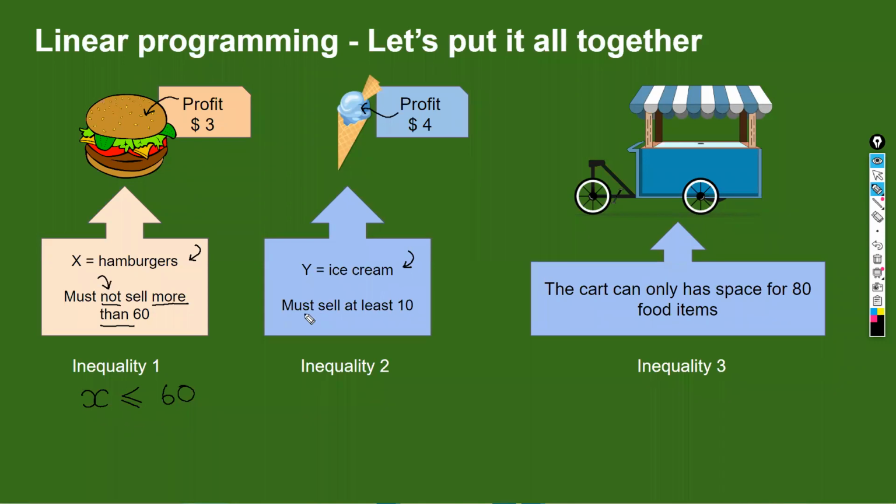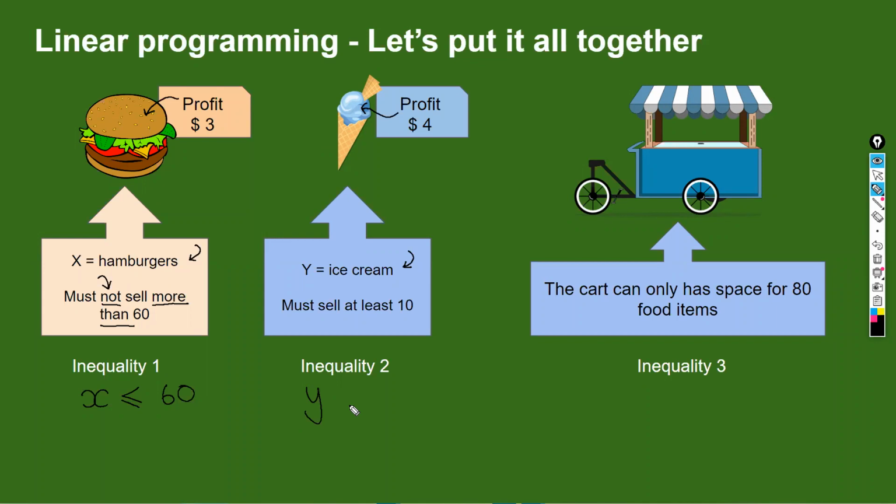How about this one? You want to send the equation for this one? I am telling you, you must sell at least 10 every day. The letter Y is being used to represent ice cream. What equation would we get there? Is it okay to sell 11?